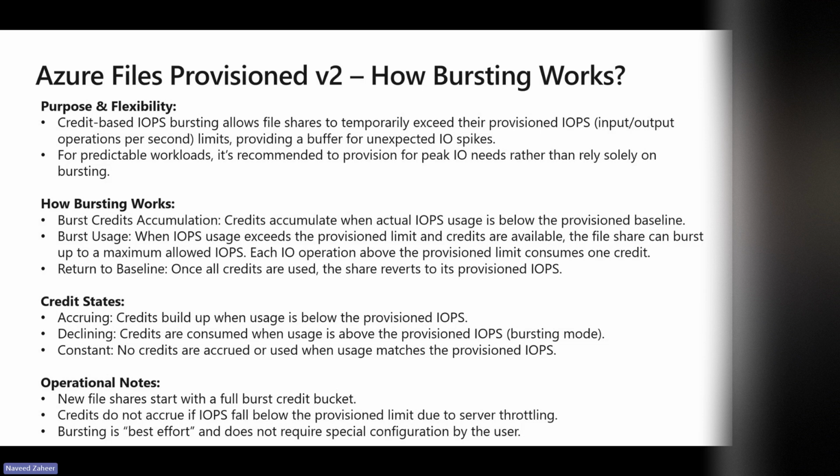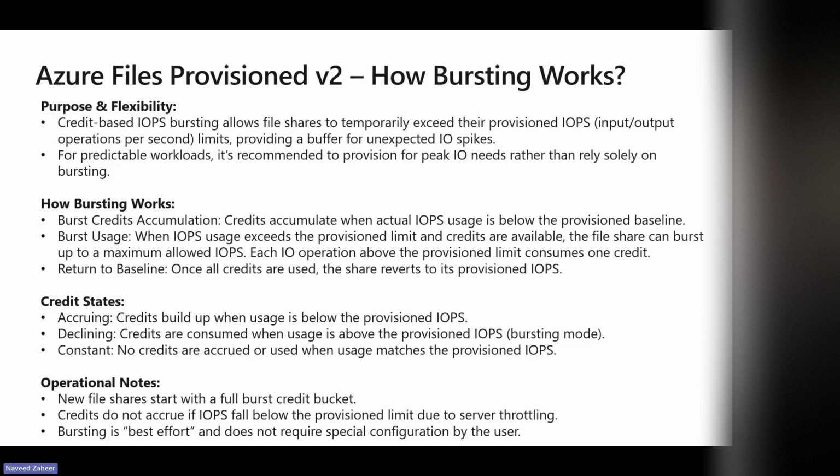It allows you to burst at a certain level, where you get charged for bursting if you are out of all the credits. But if you hit your capacity limit, whatever your bursting limit, then if your quota limit is reached, of course you will get the quota error. But it allows you to burst to a certain level.